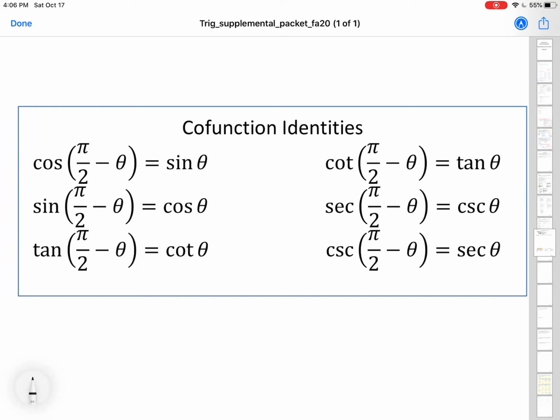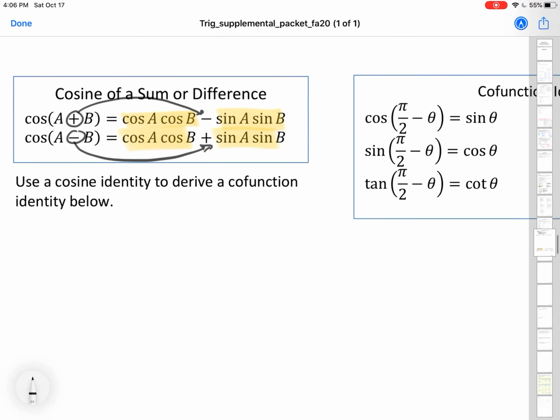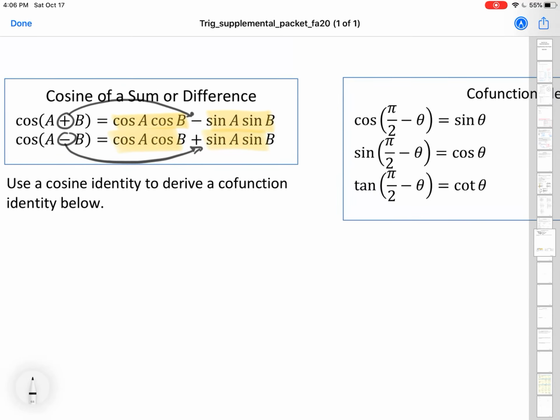And so you did that just like you did in the homework. And so these are the cofunction relationships. So they want us to derive one. So let me show you what they'd like out of that. Use a cosine identity to derive a function. All right, let's look at the very first one. Cosine of pi over 2 minus theta. We're wanting to show that that's equal to sine theta. So we're going to look at this very first one right here.